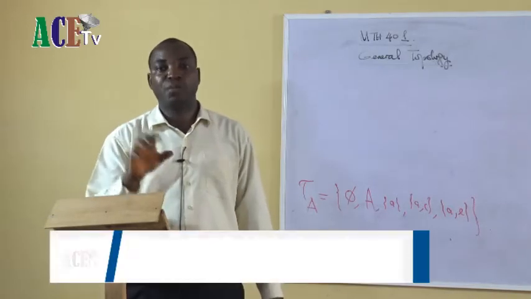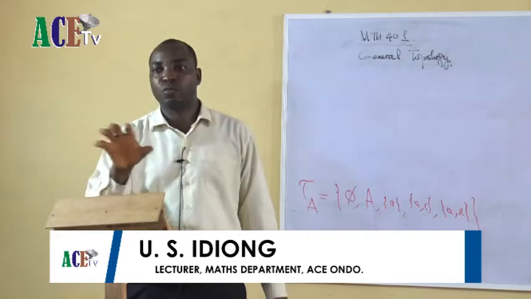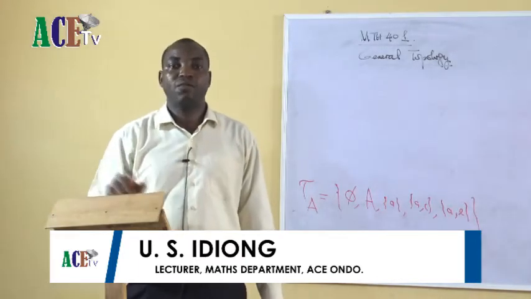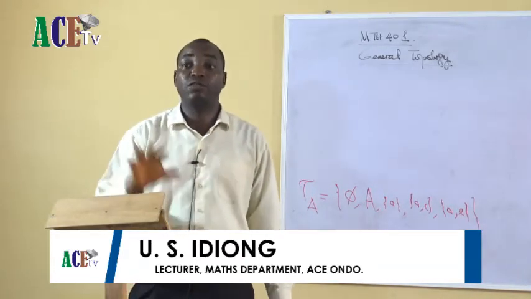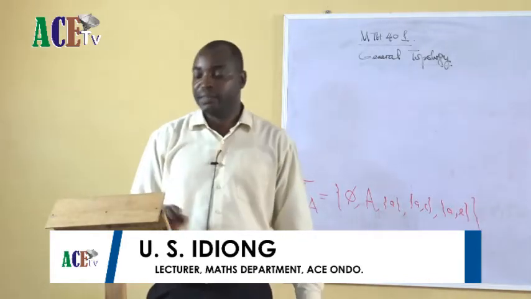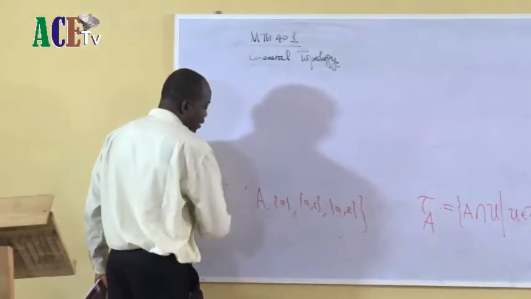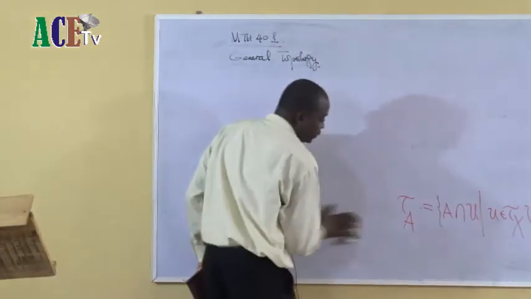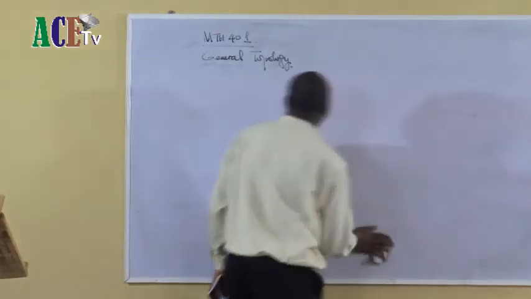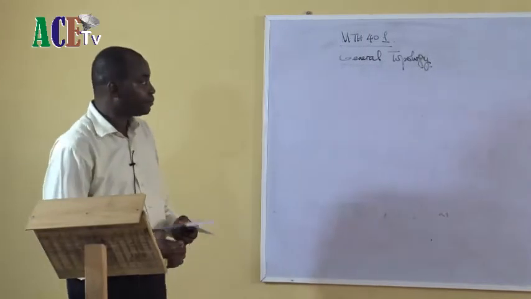Similarly, in topology, you can have the aggregate of smaller sets coming together to form what we call a topology. And that is why we call it the basis of a topology. So let's quickly take a look at that.